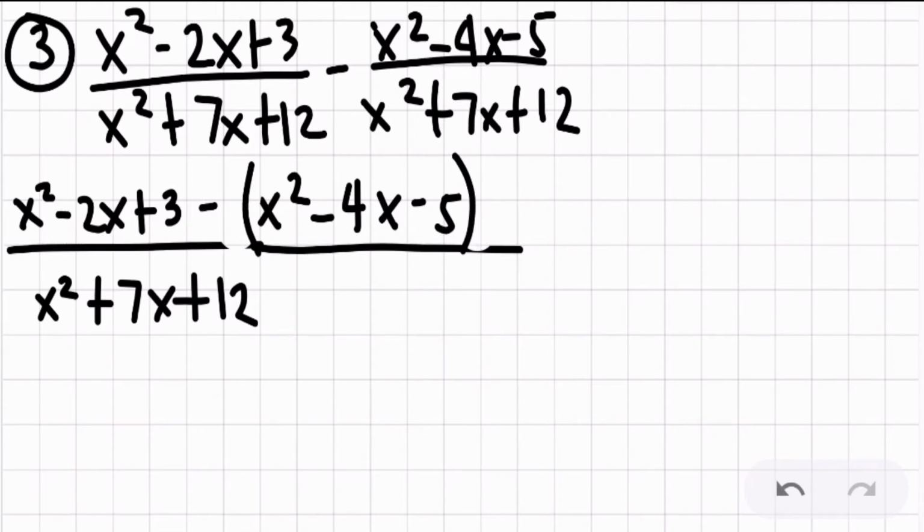Okay, now let's follow our rule in subtraction, wherein we are changing the subtrahend into its opposite. So let's try to do that in this example. x squared minus 2x plus 3, and x squared is positive, so it will become negative.